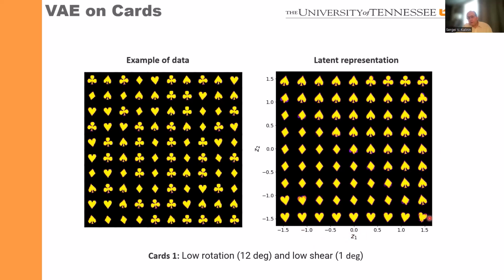Going in this direction, there is no global meaning. Locally, we can always define what it means. So locally here, Z2, if Z1 is fixed at -1, corresponds to transitions from diamonds to pikes. Here, it will correspond to a transition from pikes to clubs. But this is not a global meaning, this is a local one.